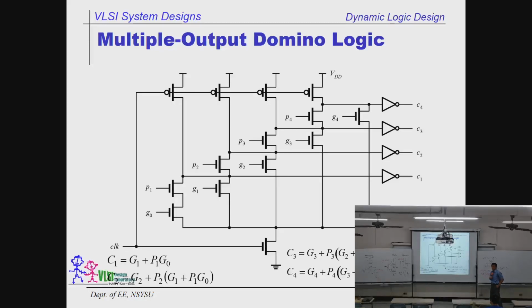Don't you think this is brilliant? Very smart, and it works just fine. This is the so-called multiple output domino logic, MODL. Brilliant idea, I like it very much. That will save you a lot of pain, and it's based on the theory that we just disclosed.